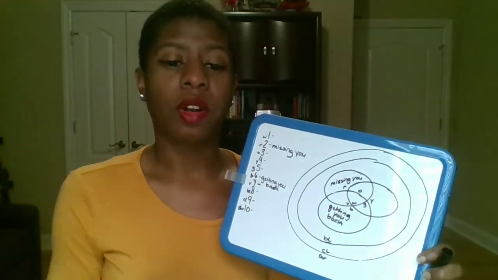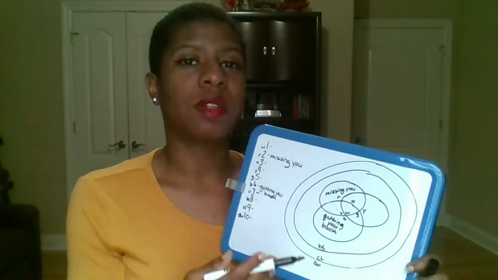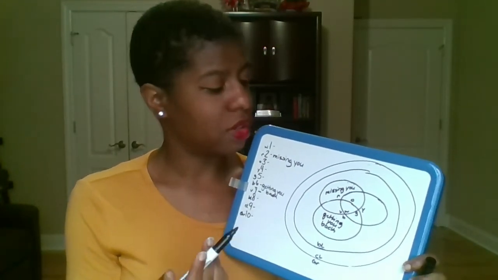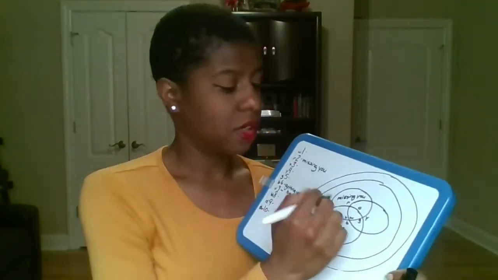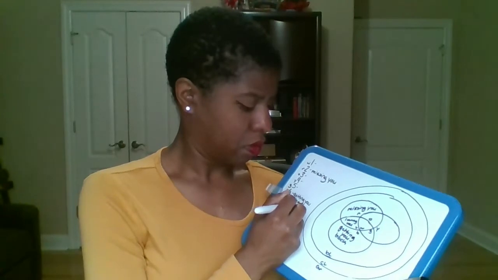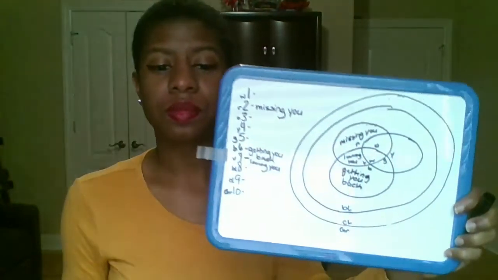So that's the important part about the chart, is it graphically lets you know what's opposite, what's similar. So my thing is, what does missing you and getting you back have in common? I'm going to say loving you.